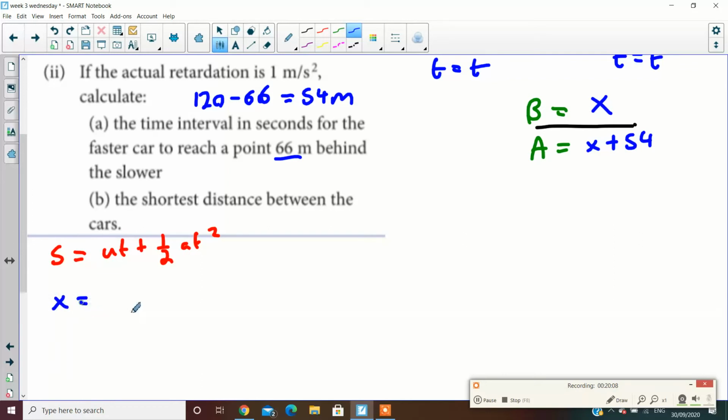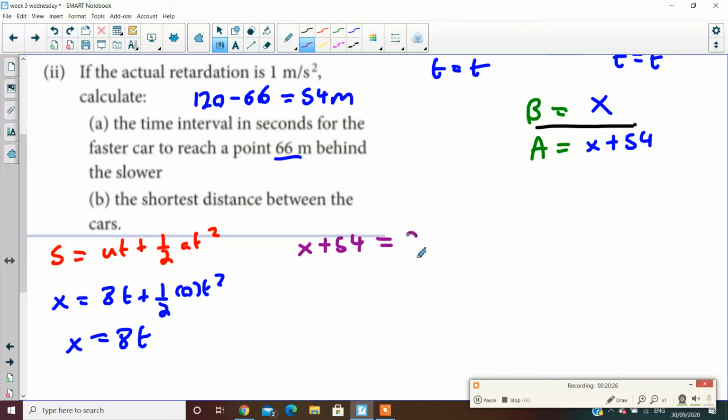x equals ut plus a half at squared, which is x equals at again. Could have left that there from the last question. Let's go for s equals ut plus half at squared again. x plus 54 this time is 20t plus a half a, which is minus 1, and t squared.